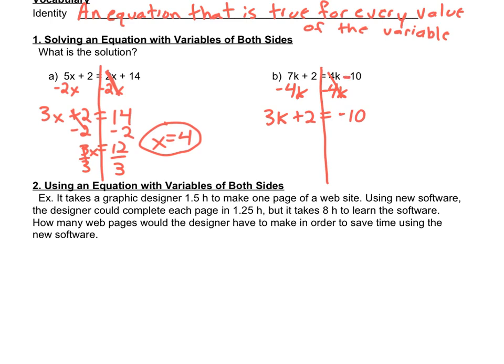That's important to recognize, that is negative 10. So for me to solve this, I'm going to subtract 2. 3k equals negative 12. And then finally, I divide by 3. So in the end, k is negative 4. And that is my solution.